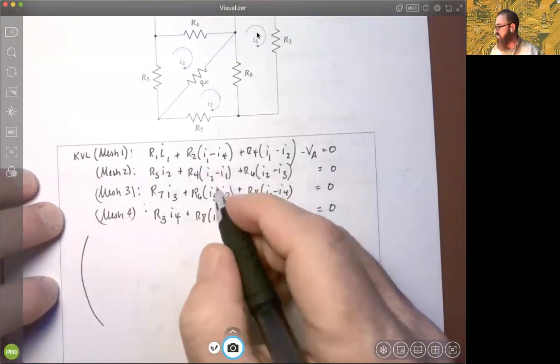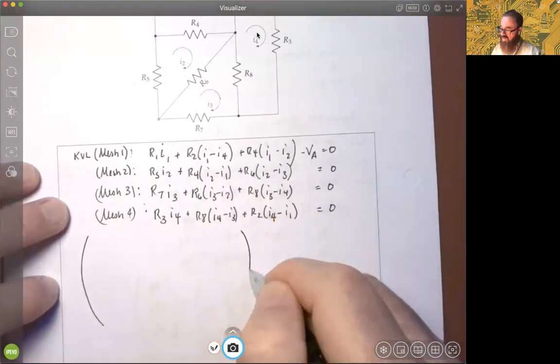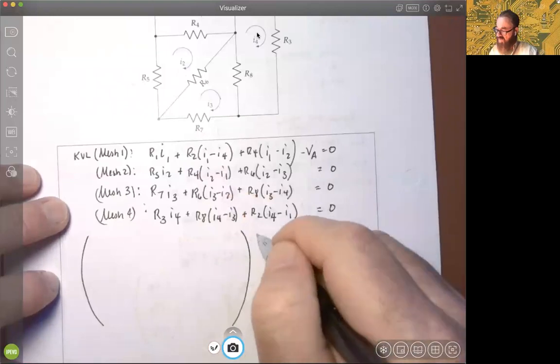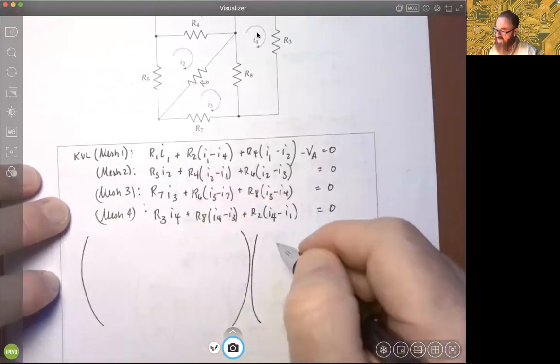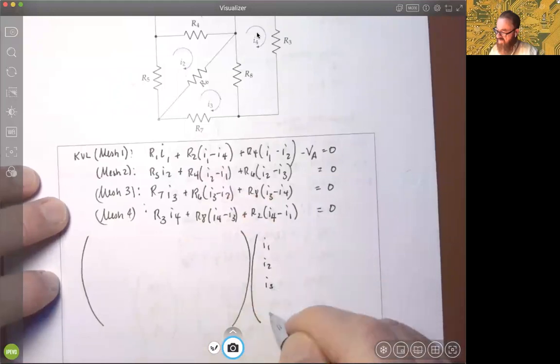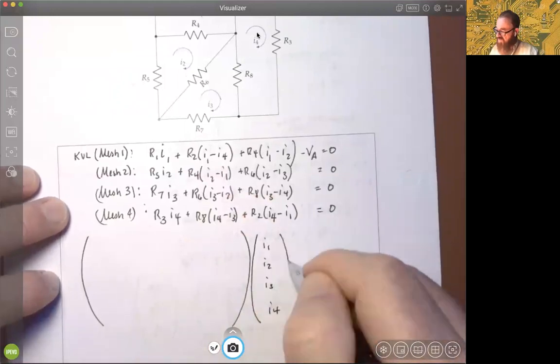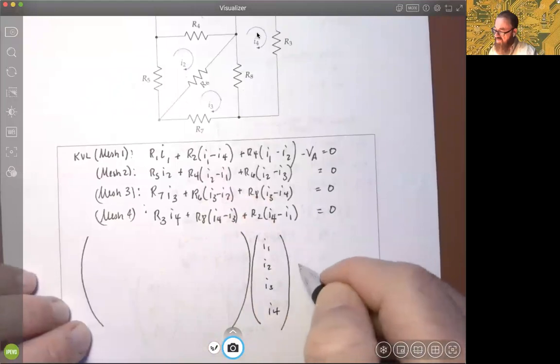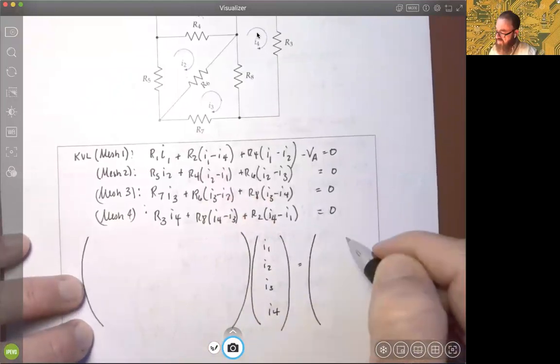So let's see what this matrix equation looks like. In this case, it's larger because we will have 4 rows, 4 mesh currents, and a right-hand side vector, okay?